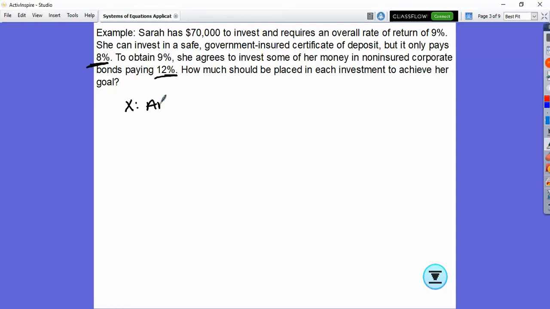So I'm just going to say the X would be my amount at 8%, and Y would be the amount at 12%. Okay, I have 2 variables, so I have to come up with 2 equations. If I look back at the problem, she has $70,000. So what could I do for that equation? X plus Y.